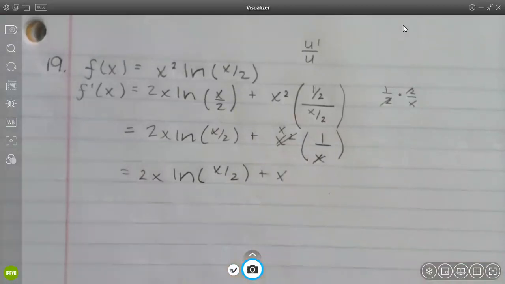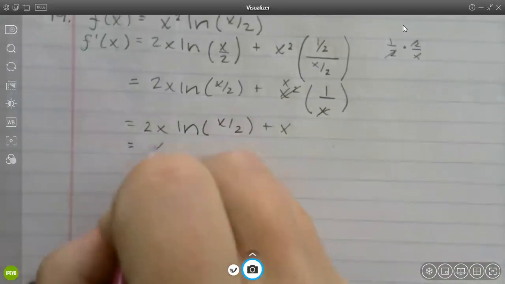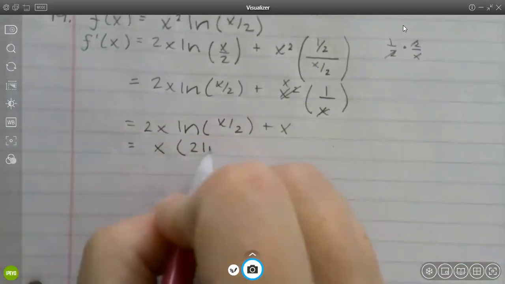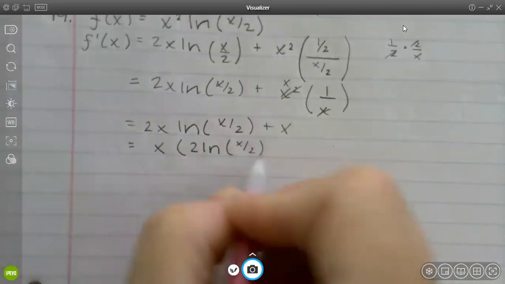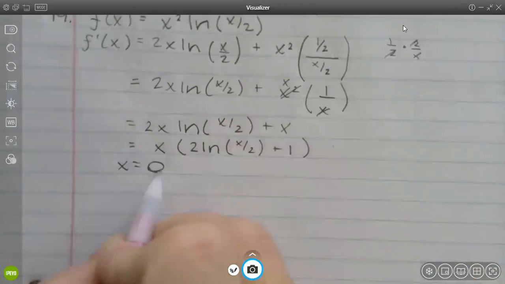So there's your first derivative. What do you notice about both of them? So our first critical value is going to be 0.